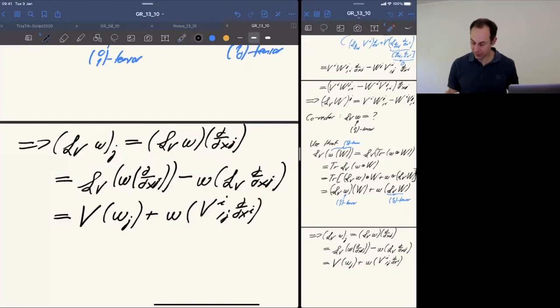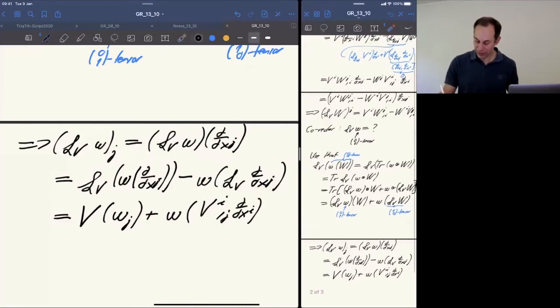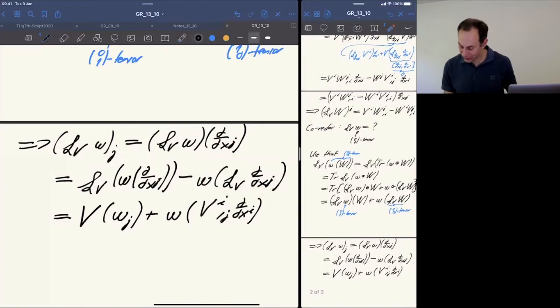So maybe, okay, if that was confusing, another way to see it is just look at this part here. And I essentially copied this in the special case where the wi is just 1 if i is equal to j and 0 otherwise. And then you get exactly this expression here.